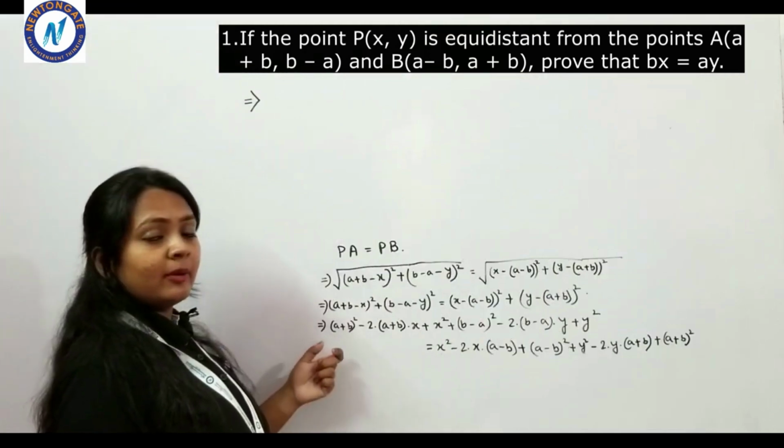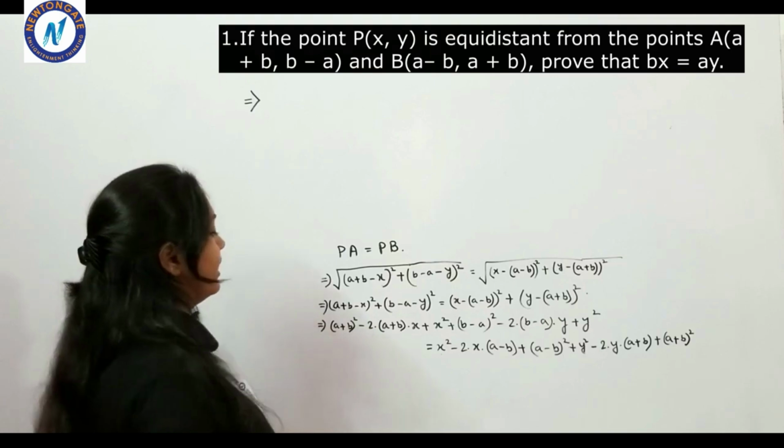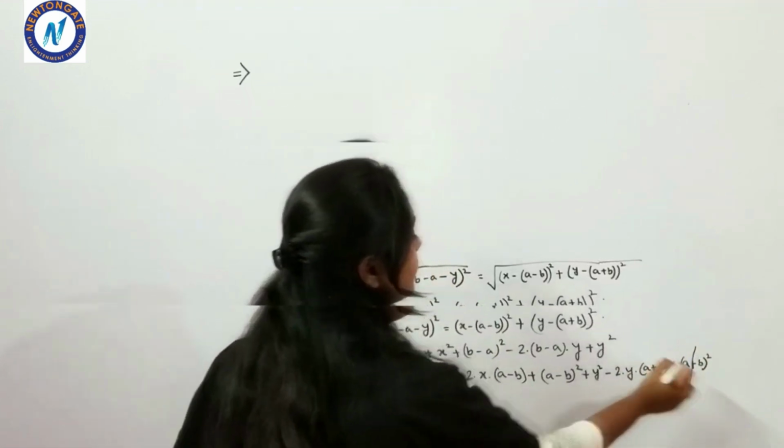Here we see that (a plus b) whole square is a common term on the left hand and right hand side, so we cancel out this term.